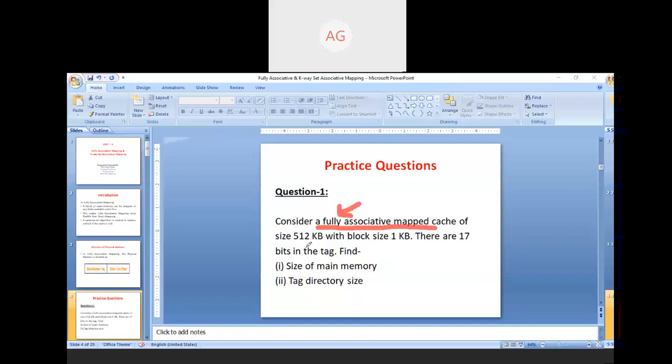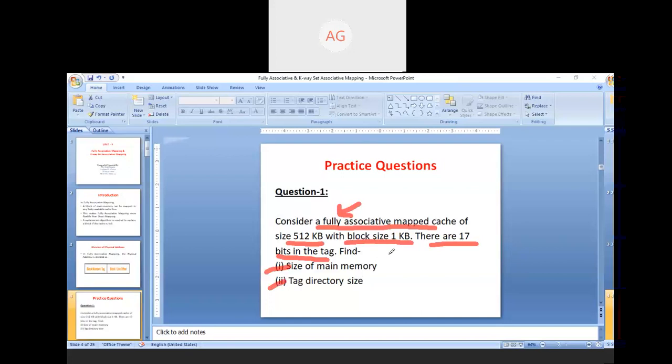A cache of size 512 KB with block size 1 KB, and there are 17 bits in the tag. Here also the number of bits are given to you, and you need to find the size of main memory and the tag directory size. So this is the question.